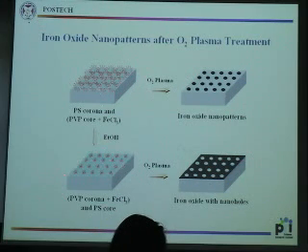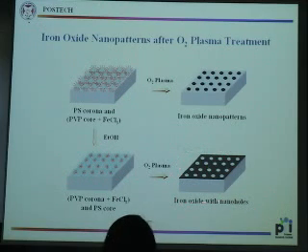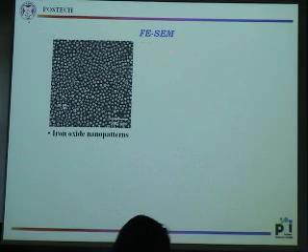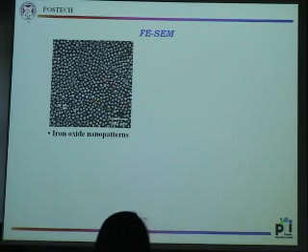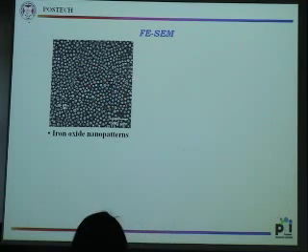And also we can use the inverted phase, and then we can have a continuous iron oxide with nanoholes. So we characterized them by field emission SEM, and this is the iron oxide nanopatterns. The diameter of the iron oxide is about 20 nanometers, and the interspacing is about 30 nanometers.